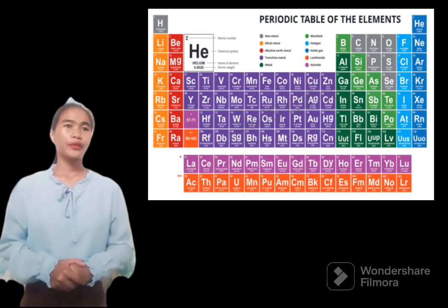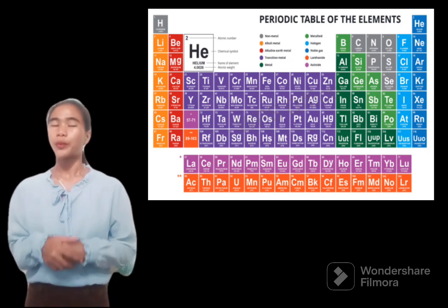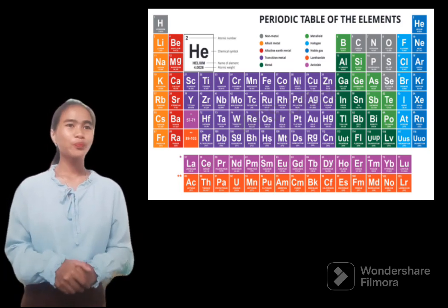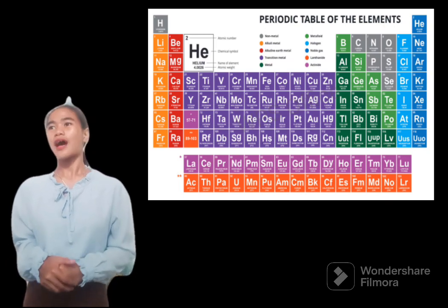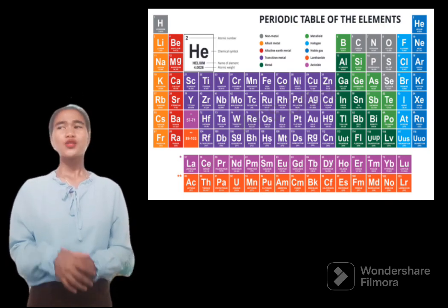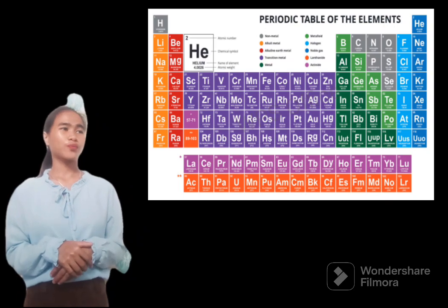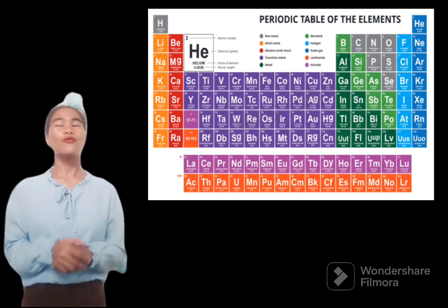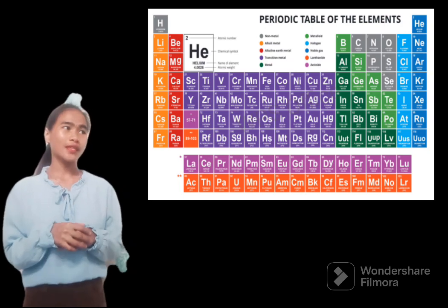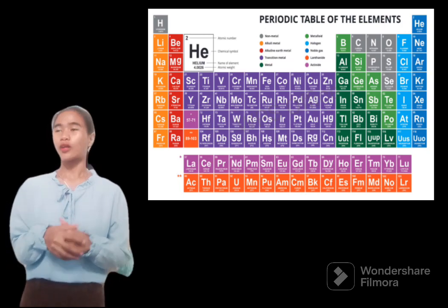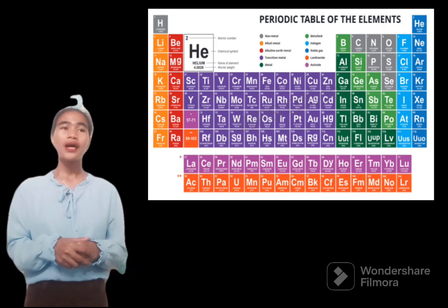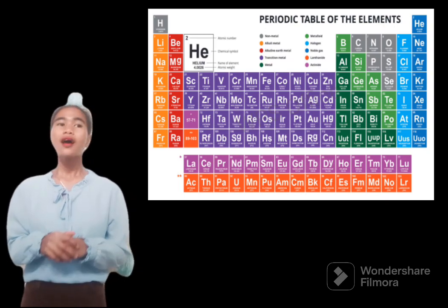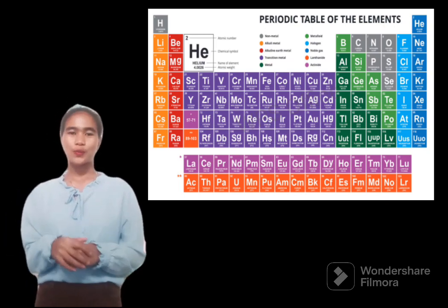Each element on the periodic table has an atomic number, symbol, name, and of course its average atomic mass. So what is atomic number, by the way? It is the number of protons found in the nucleus of an atom. What is an average atomic mass? It is the mass of an atom that includes the protons, neutrons, and electrons.